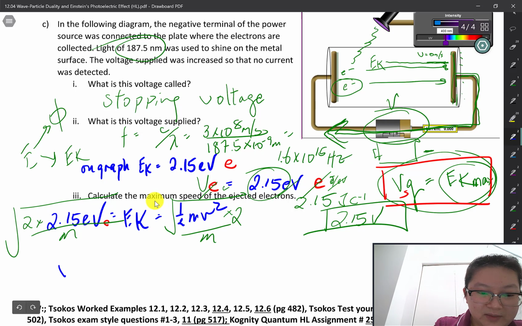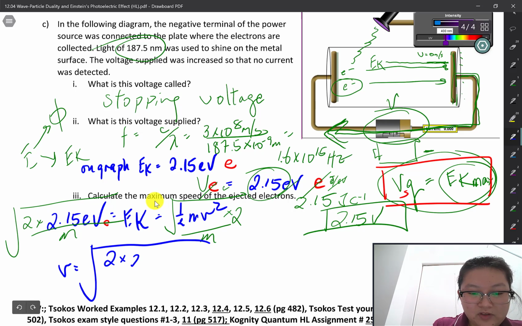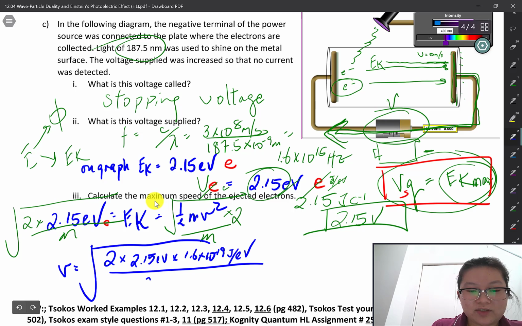So ultimately, my speed is going to end up with the square root of 2 times 2.15 eV times 1.6 times 10 to the power of negative 19 joules per eV, divided by the mass of electron, which is, from our data table, 9.11 times 10 to the power of negative 31 kilograms.